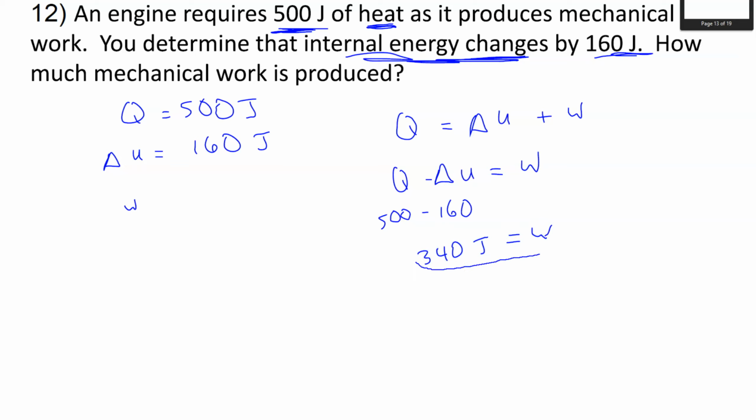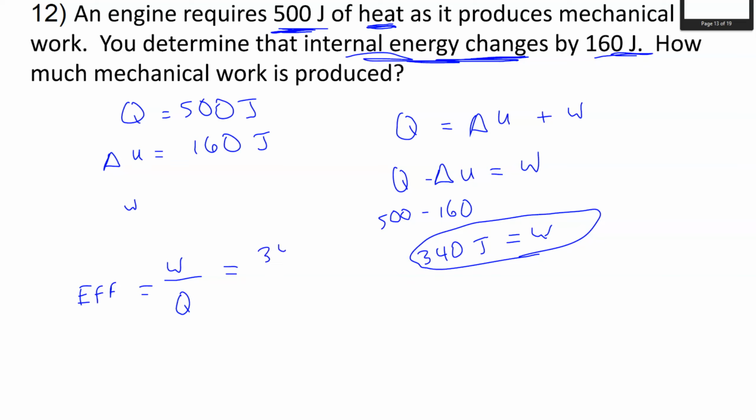There we go. Okay, that's all they want you to do right there. They did not ask for this, but it would be real easy to come up with the efficiency, which is just W over Q. I'm sorry, I got that backwards. Let me do that again. How much work did I get when I paid for some heat?